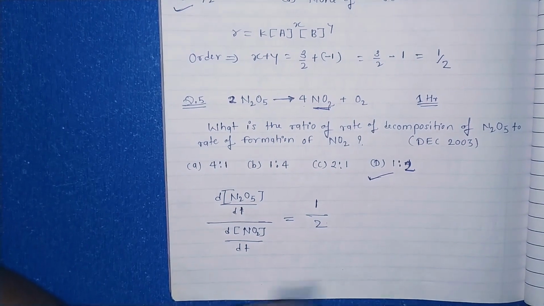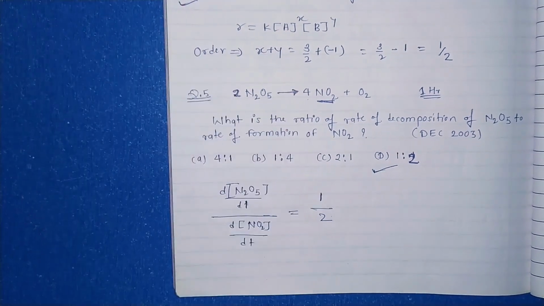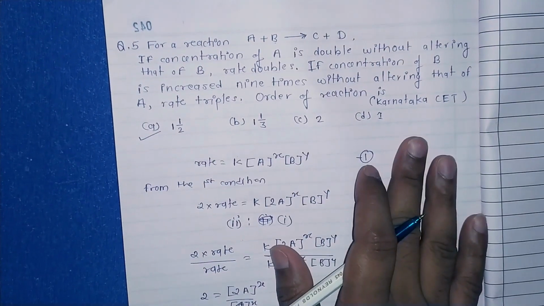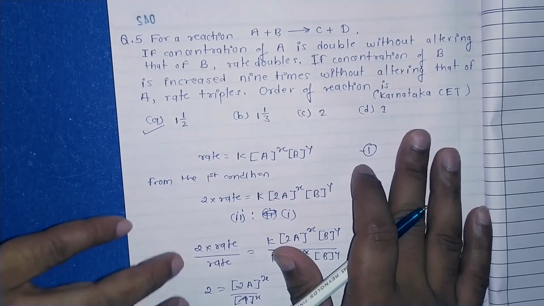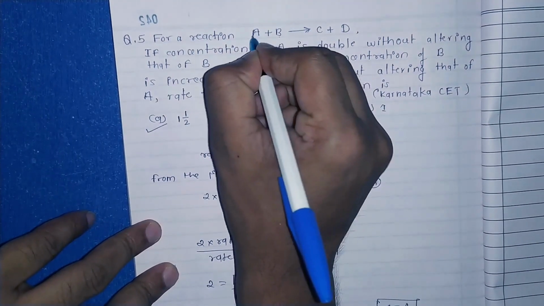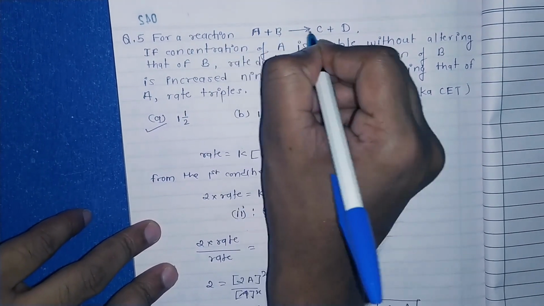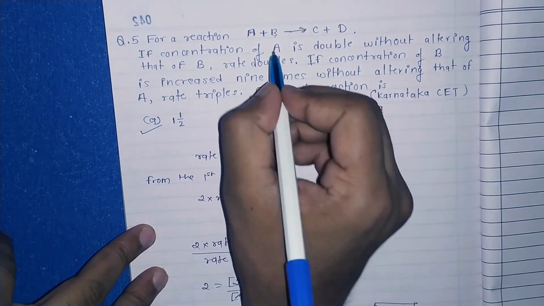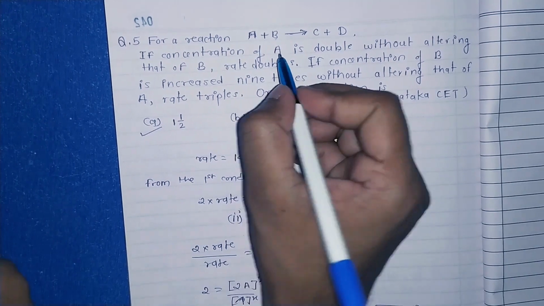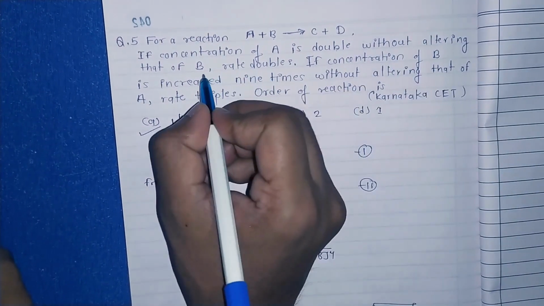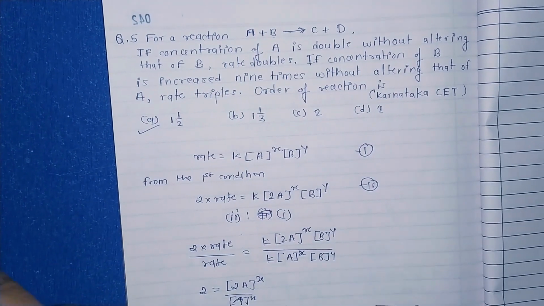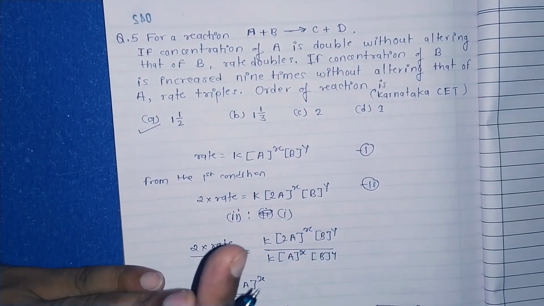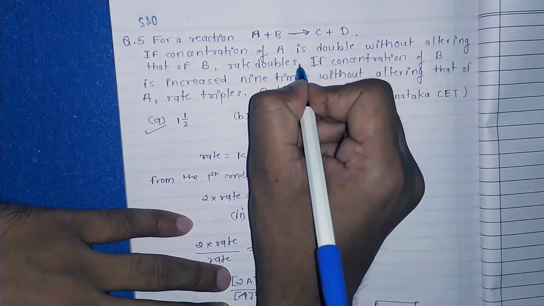Okay students, now coming toward one more very important question that has been repeatedly asked in entrance exams. So have a look. For a reaction A plus B giving C and D, if the concentration of A is doubled without altering that of B, the rate of reaction doubles.